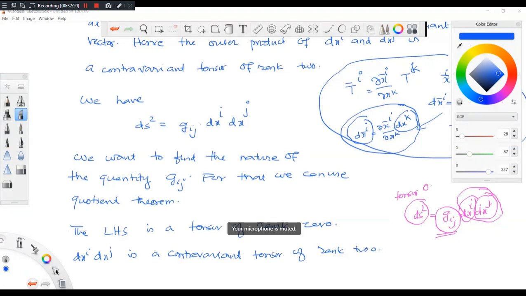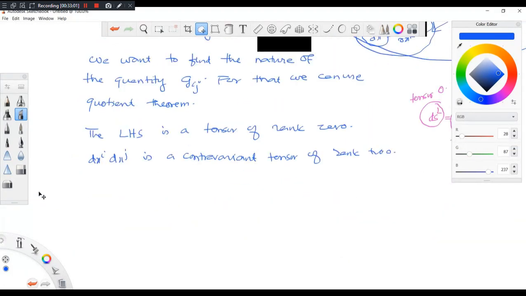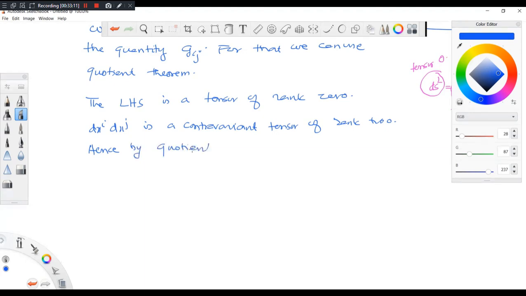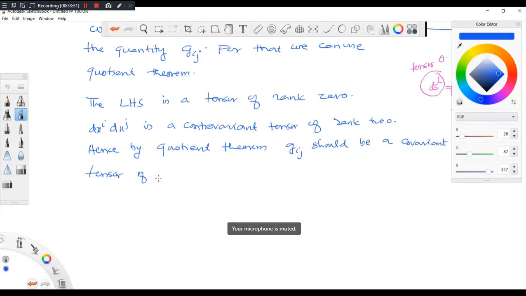Hence, gij should be, by the quotient theorem, a covariant tensor of rank 2.